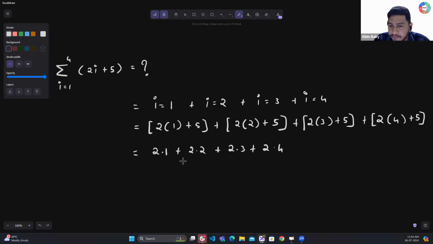There are 4 5s, right? So 4 times 5. Now if I write it down, 4 5s are 20, plus 2 4s are 8, plus 2 into 3, 6, plus 2 times 1, 2.